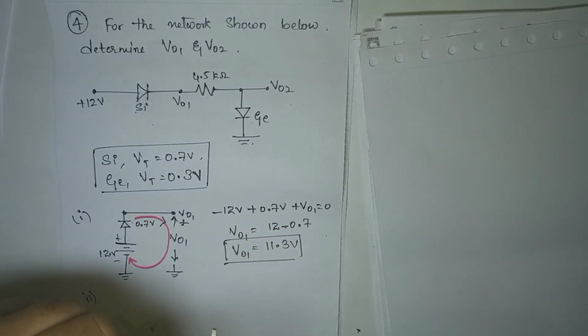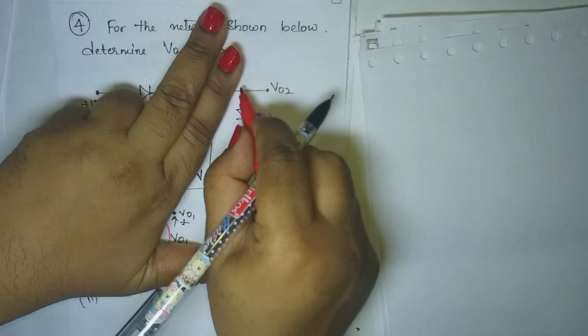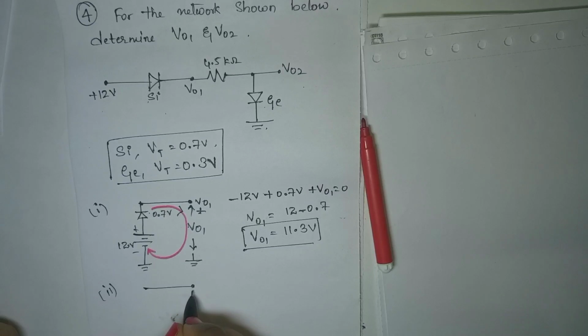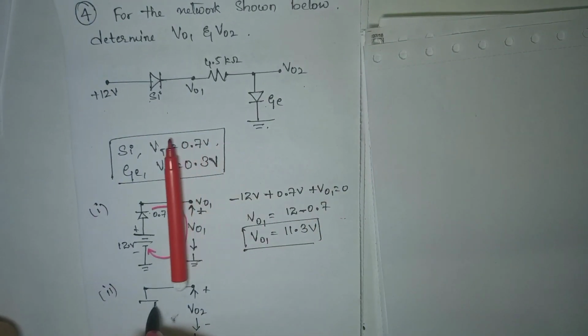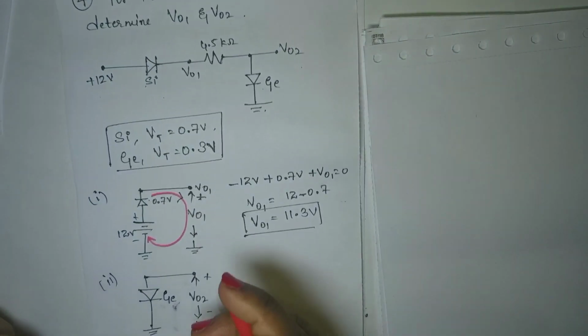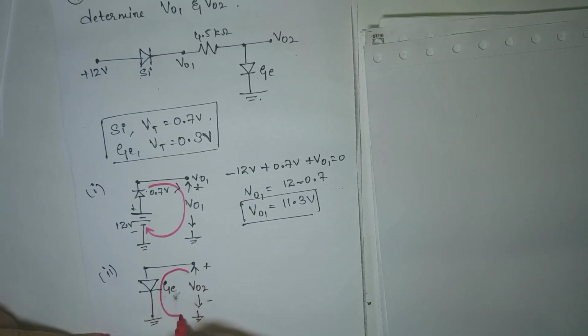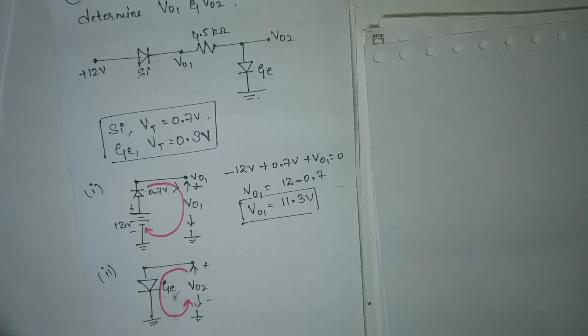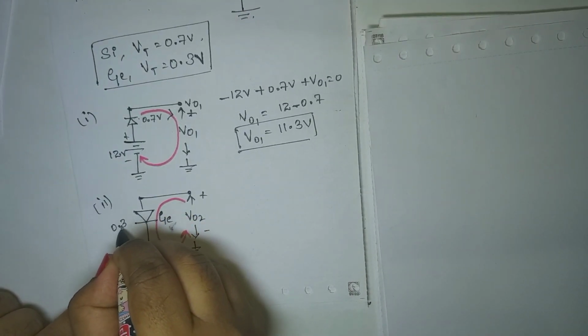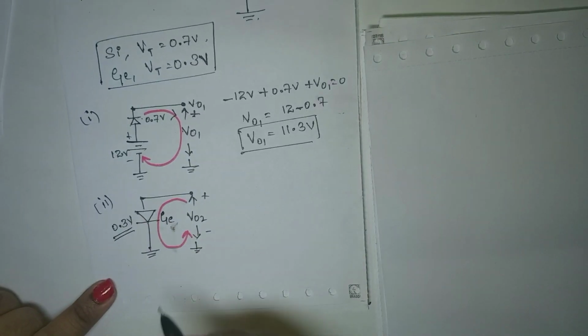To find V02, it is enough that I take only this part. So now V02 is across the germanium diode. Again I'll take Kirchhoff's voltage law. Germanium diode has a threshold voltage of 0.3.